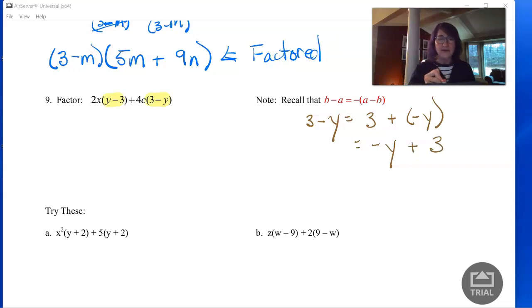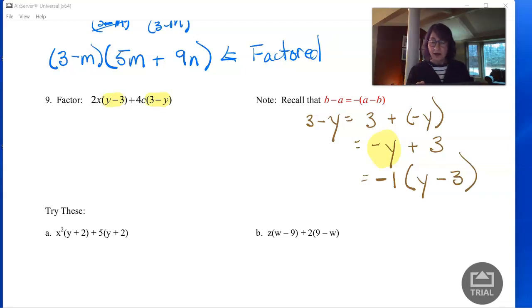Well, this negative y can be factored. That expression can be factored, and we don't like to have a negative as our leading coefficient. So I'm going to factor out a -1. Now that will flip the signs of each of those terms. So that becomes a +y and a -3. Well, look at this.